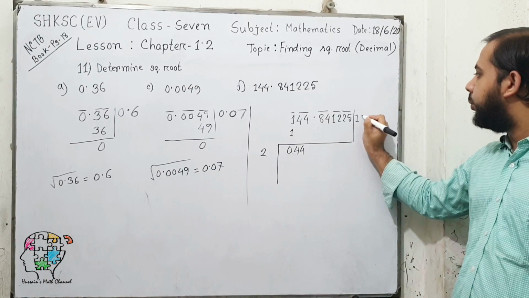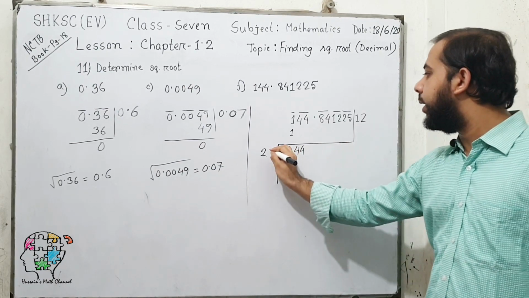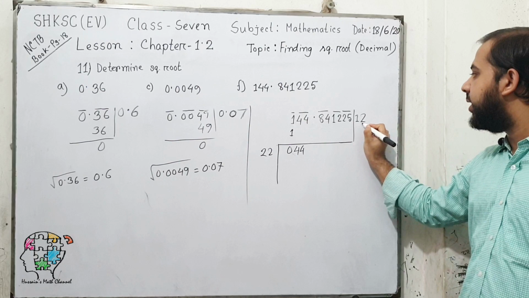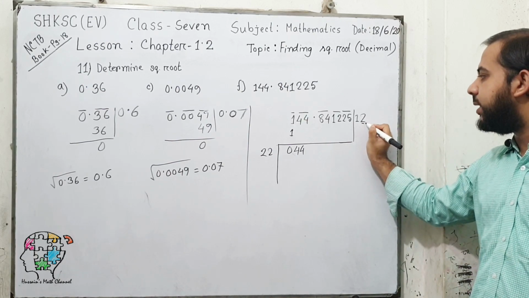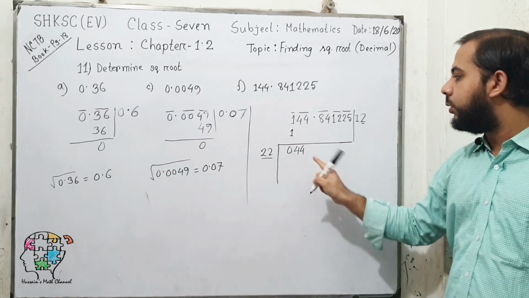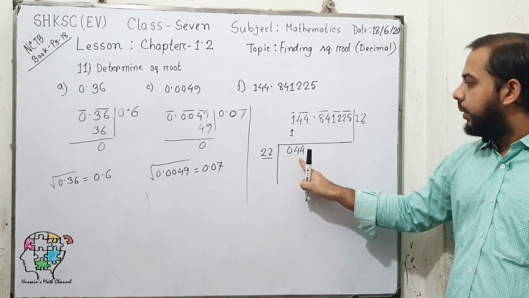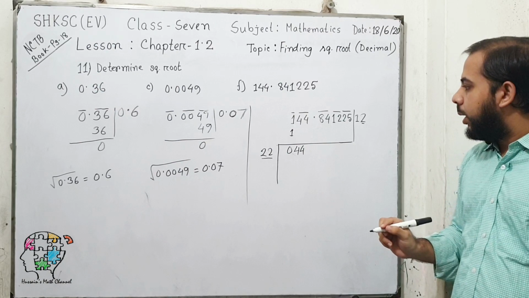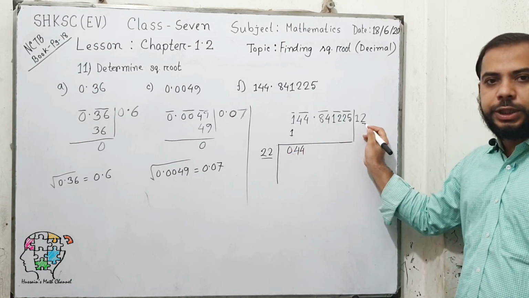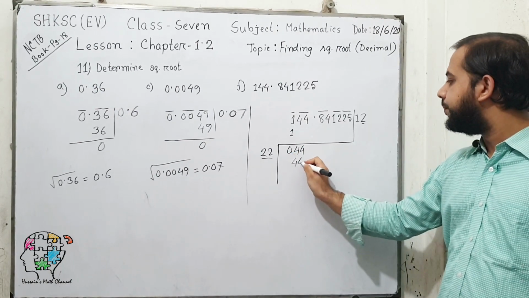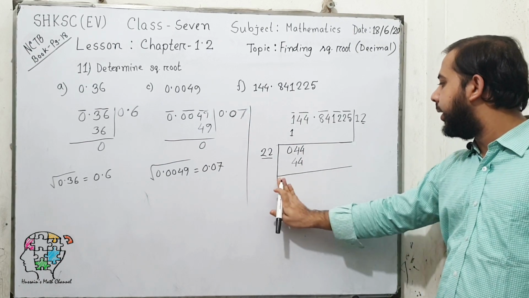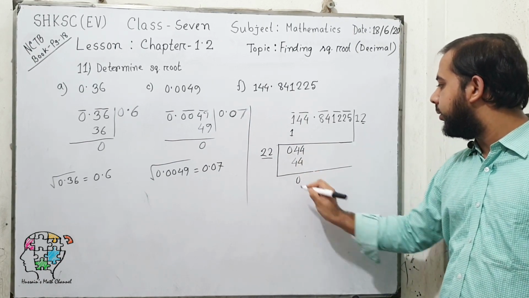Then we have to put a number here and also here, so that the multiplication of this new digit with this total number will be similar or as close as to this remainder or this subtraction. So 22 times 2 is 44. So after subtracting it will be 0.